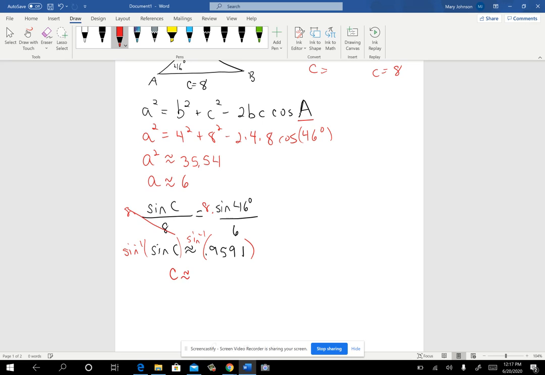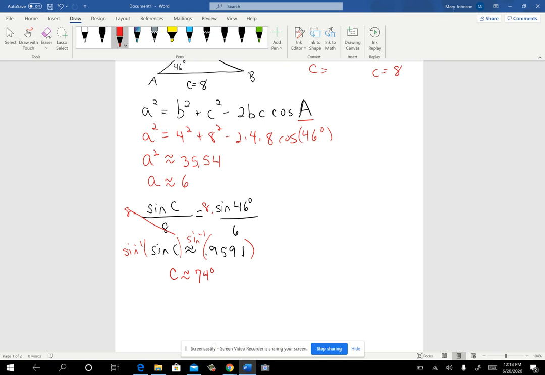is about, and if we round, I'm doing these problems out of the exercise set, and I think the directions are to round angles to the nearest degree and sides to the nearest tenth. So if I rounded that to the nearest degree, it would be about 74 degrees, okay?